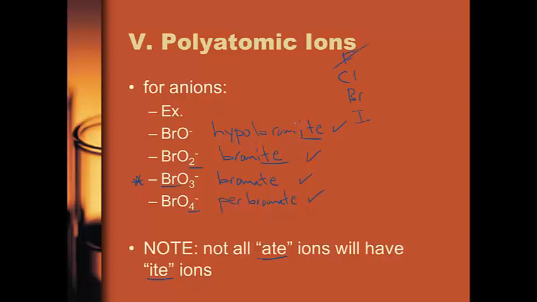So if I gave you IO3 minus, it's just like the chlorate and the bromate. This is called iodate. Okay, so you should be able to do IO4 minus, IO2 minus, and IO minus, based on the exact same rules that we had for the bromates and the chlorates. Okay, so stop this, take your guess, come back.